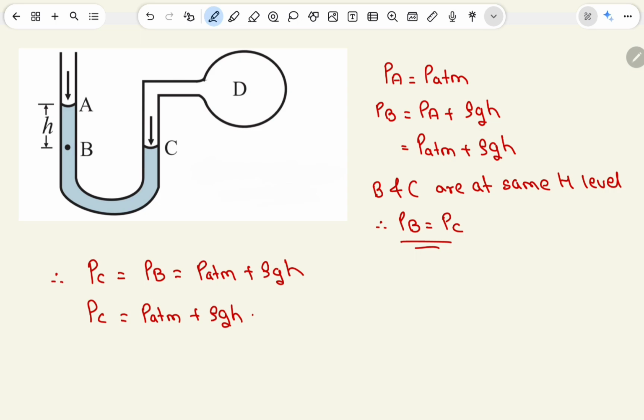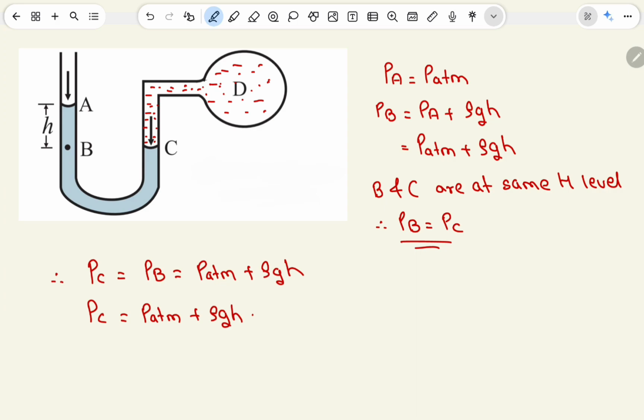Now, we can see that there is a downward arrow acting at point C, and that downward arrow is representing the pressure exerted by the gas on the liquid in the U tube in the right arm. So basically, we have the gas over here, and that gas has entered the U tube, and the gas now also exists in the right hand side arm of the U tube.